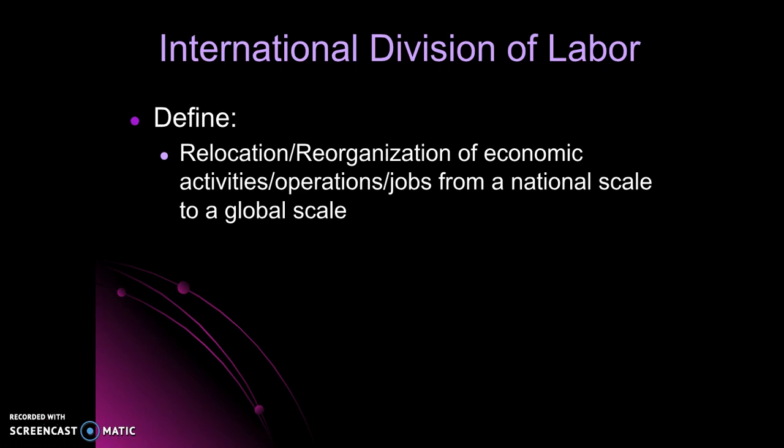Because there's better technology, they don't need as many subsistence farmers, and they have better ways of processing food and manufacturing goods for consumption.